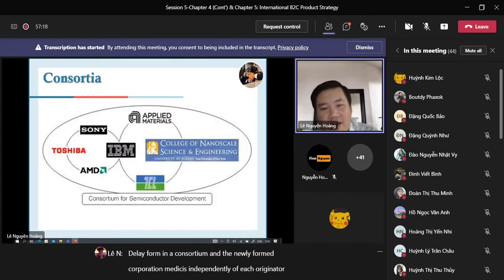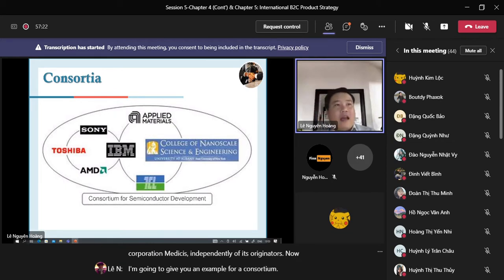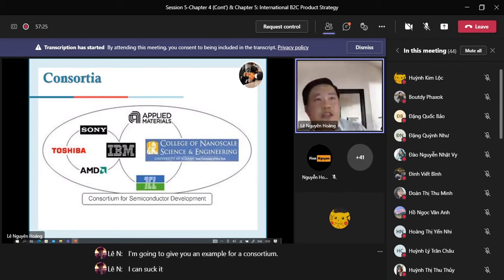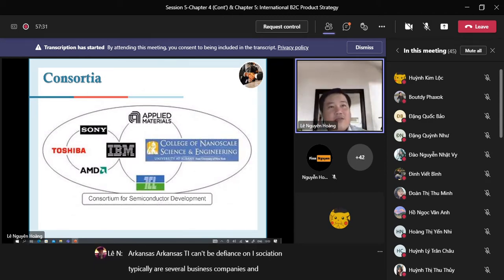Now I'm going to give you an example of a consortia. A consortia can be defined as an association, typically of several business companies. Consortia are associations or marketing organizations which link together.